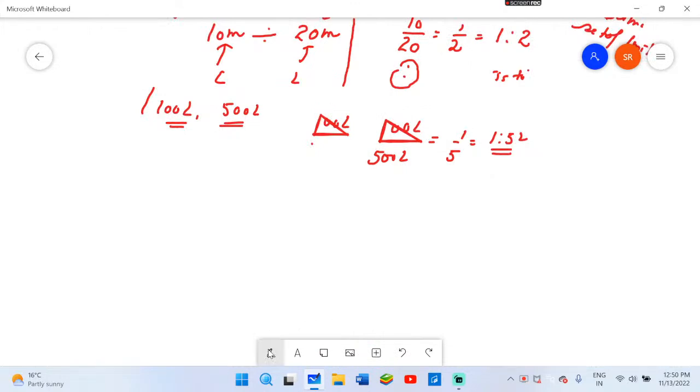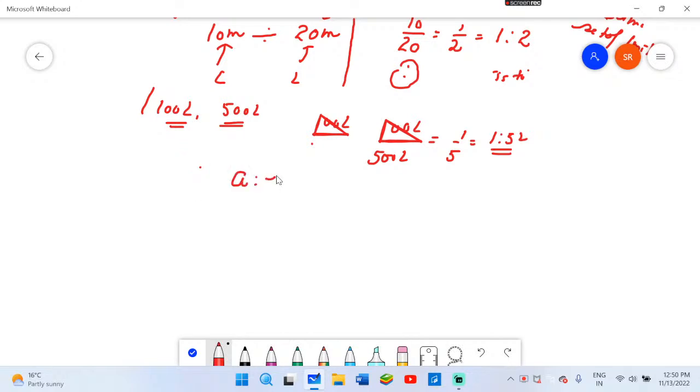So in general, if I write ratio as A is to B, here A is called first term and B is called second term.